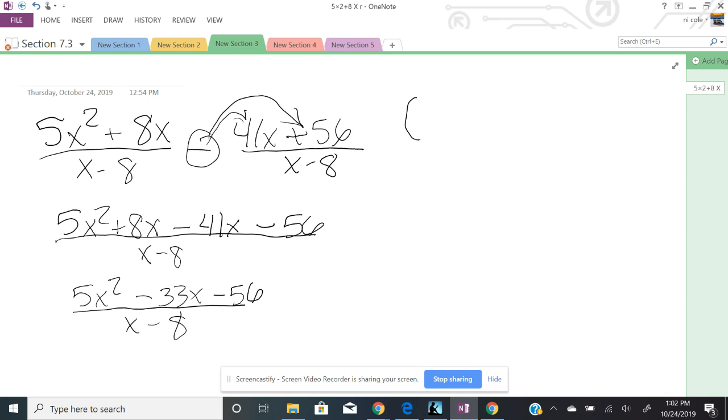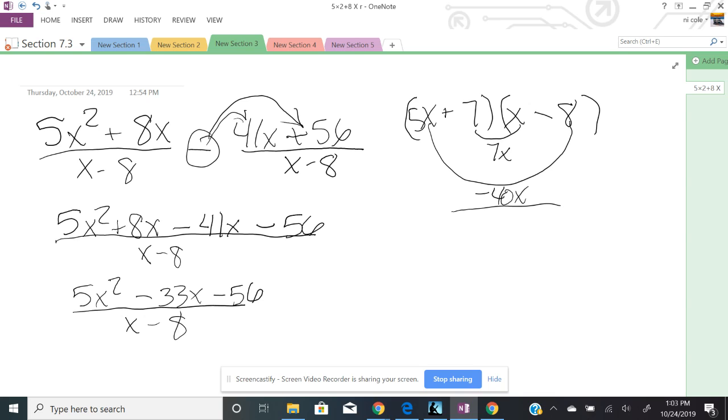So I'm going to come in and I'm going to go boom, boom, boom, boom. x, 5x, and x. All right, what makes 56? Well, I need a plus and a minus. And we'll do plus and minus. What makes 56? Well, I'm going to start with 7 and 8 and just test it out. So that would give me 7x, and that would give me minus 40x.